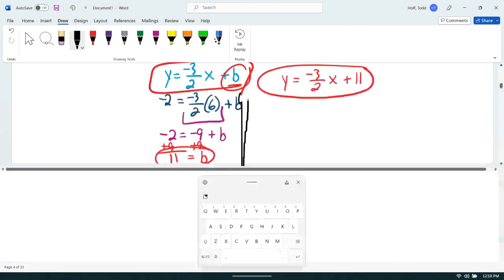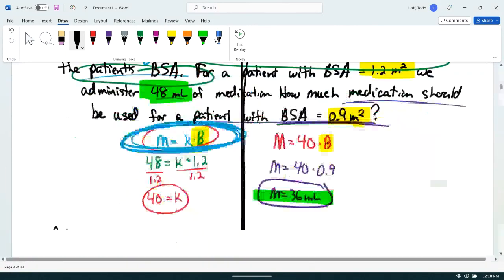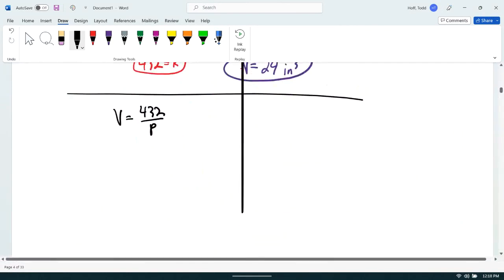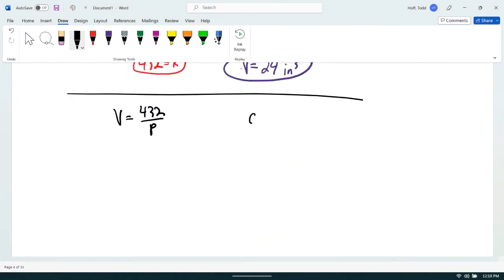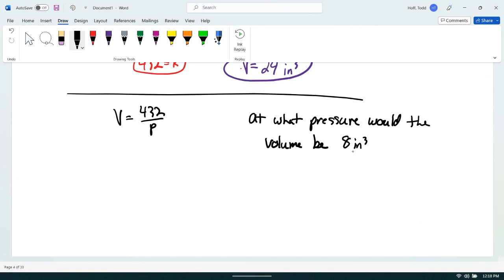And I ask, at what pressure would the volume be 8 cubic inches?